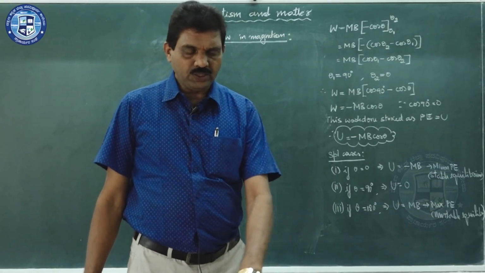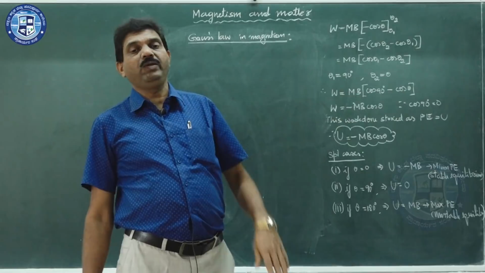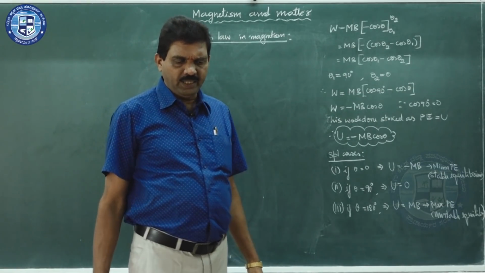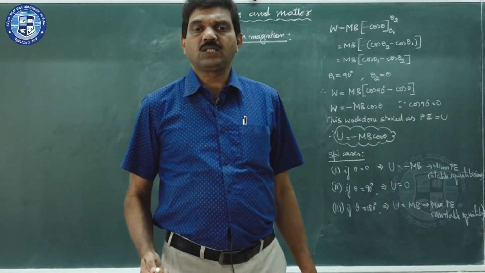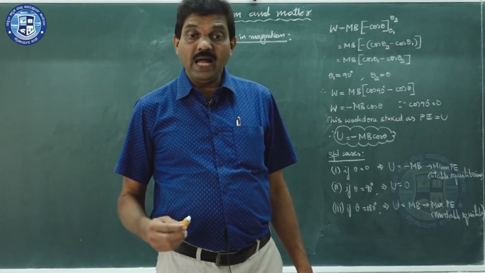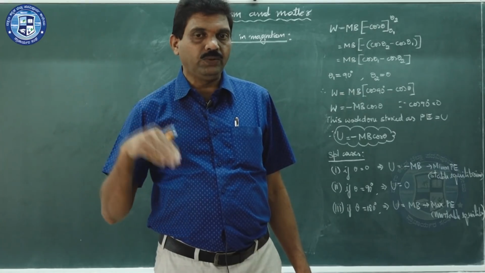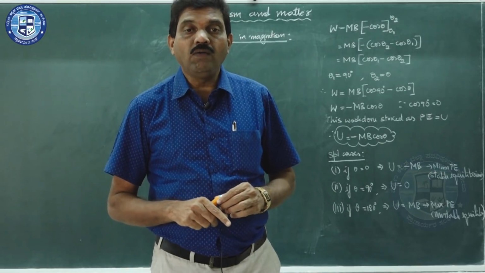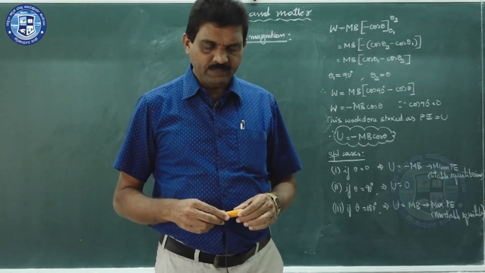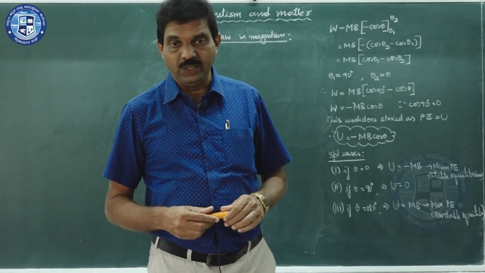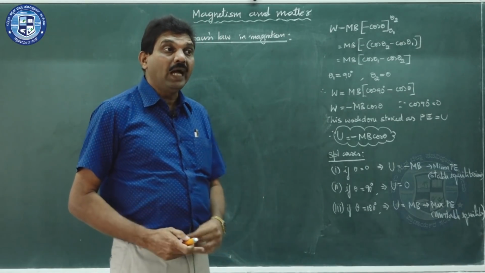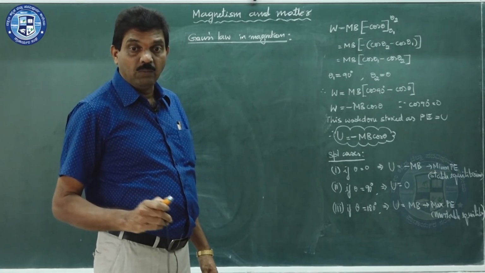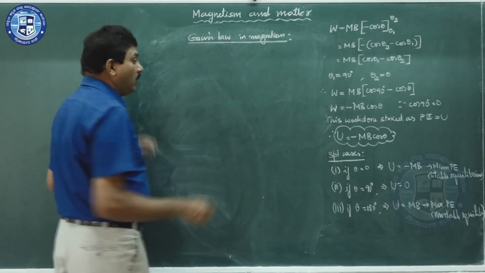That is what you studied in electrostatics. Now, when you come to magnetism, what is the statement of Gauss law? The total magnetic flux, instead of electric flux, now you have to study magnetic flux. Total magnetic flux of any closed surface is always equal to 0.